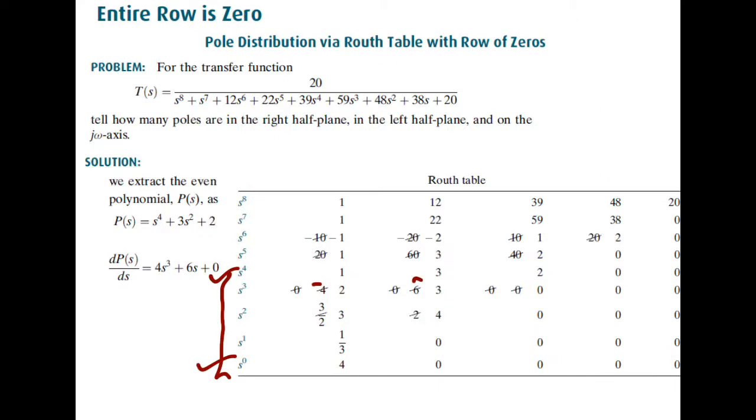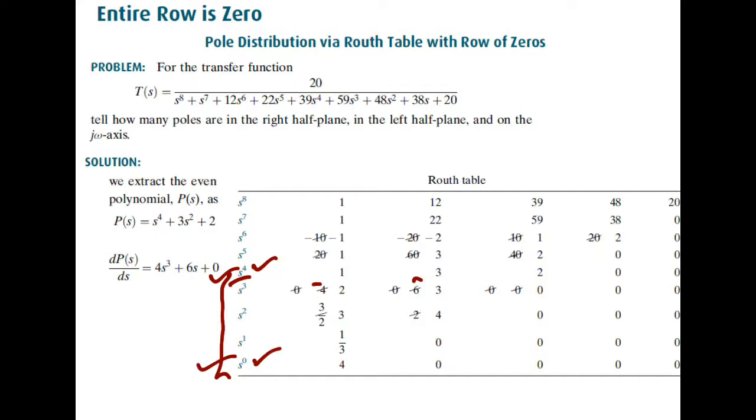Again, we can discuss that from S4 to S0 is the test of the even polynomial, and also no sign change is there in the polynomial, so there are no poles on the right half plane and no poles on the left half plane. Since we must have the 4 roots, that is S4 in this case, all 4 poles are on the j omega axis.